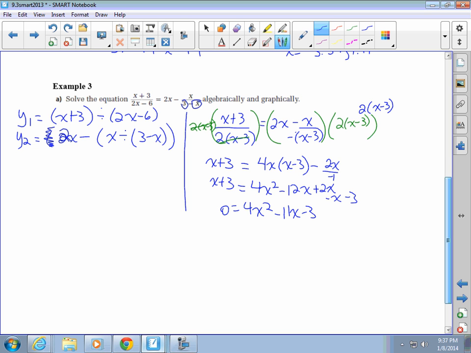So this would leave me with 0 is equal to x squared minus 11x minus 12. So I multiply by 4. If I factor, that's going to be x minus 12 times x plus 1. So then I divide by 4, so this is x minus 3 times x plus 1/4.